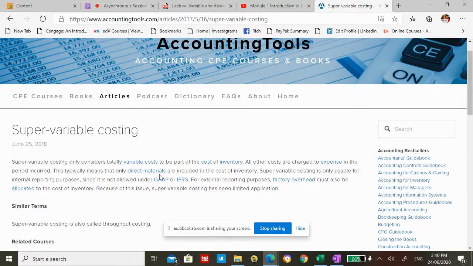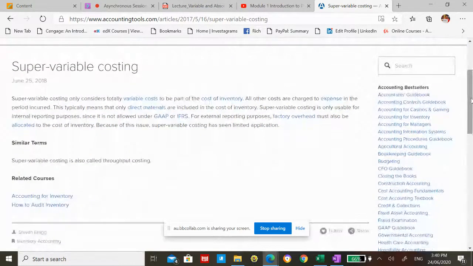Therefore, aside from variable costing, we have what we call super variable costing, wherein only direct materials are considered variable costs and product costs, and the rest of the costs are considered fixed costs and recognized as part of your period cost. As you can see on the screen, super variable costing is also called throughput costing.